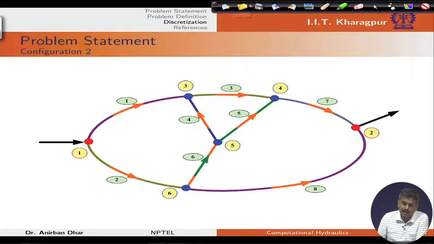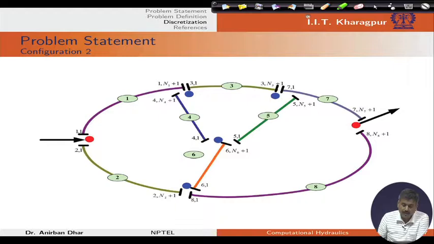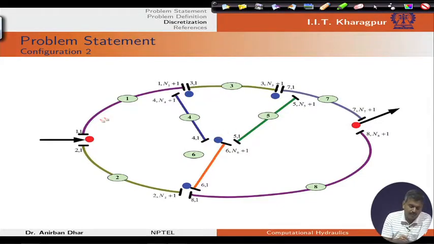Now, if the connectivity is from 5 to 3, obviously I should change my numbering or section numbering scheme. So, for all other channel reaches, the section numbering scheme is same, but now from 5 to 3 this is flowing.